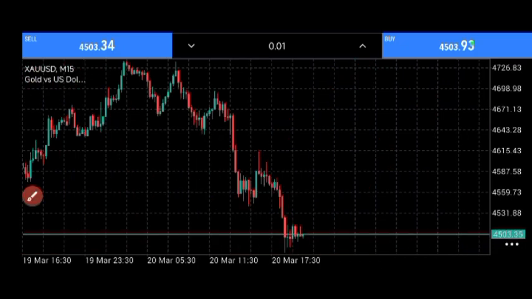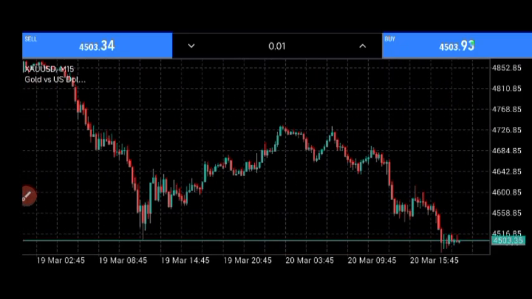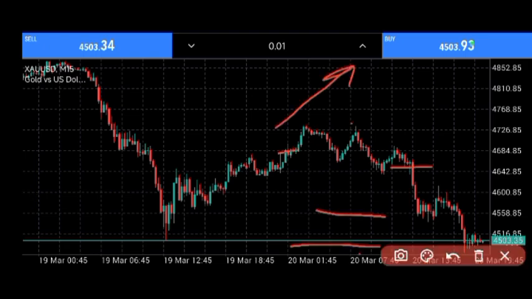So from here it was going up like this. Then confirm trend reversal by anticipating a market structure shift. When it reached here, the market actually reversed, meaning that you can make your profit up to this level.